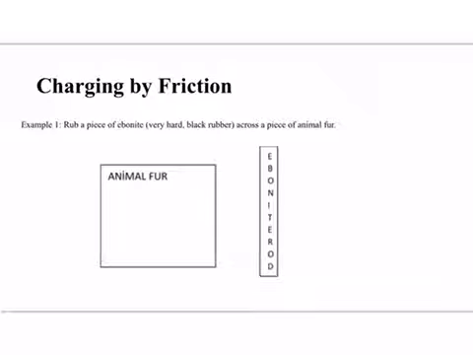When we rub a piece of ebonite, which is a very hard black rubber, across a piece of animal fur, the fur has the ability to lose electrons and the ebonite rod has the ability to gain electrons. So the electrons will be passed from the fur to the ebonite. So the animal fur has lost electrons and will be positively charged, and the ebonite rod has gained electrons, so it will be negatively charged.